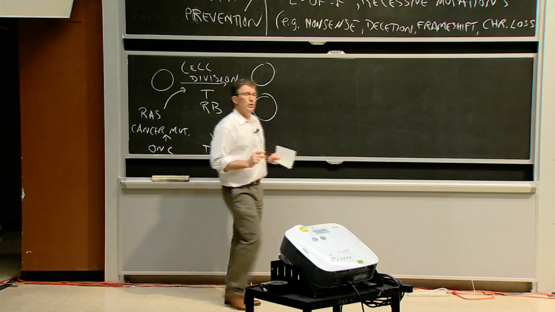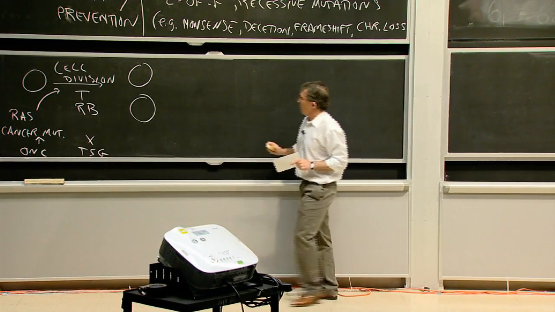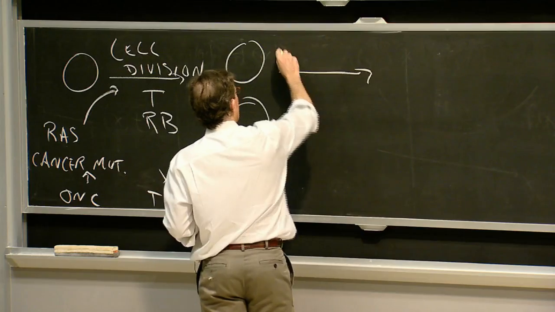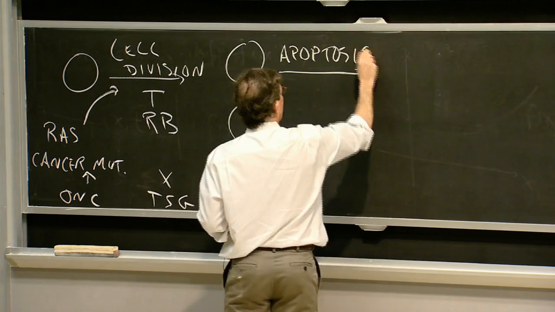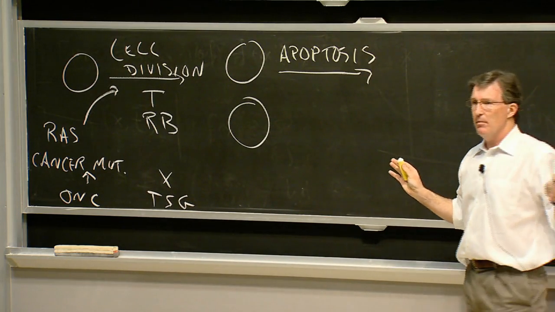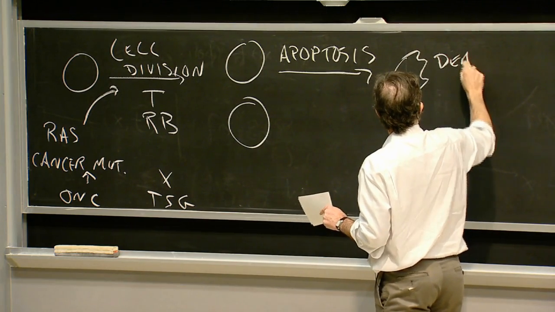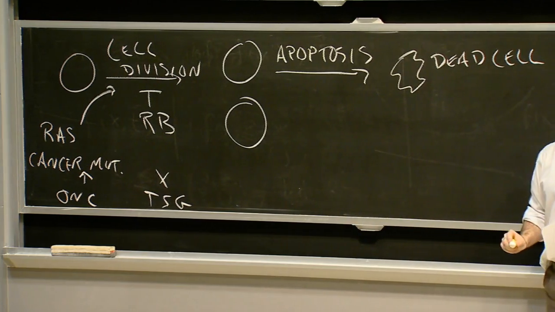But cancer isn't only about cell division. It's really about cell number, inappropriate cell number. And there's another important process to remember in this context. Apoptosis, programmed cell death, which I've referred to many times in many different contexts. Apoptosis, which results in dead cells.